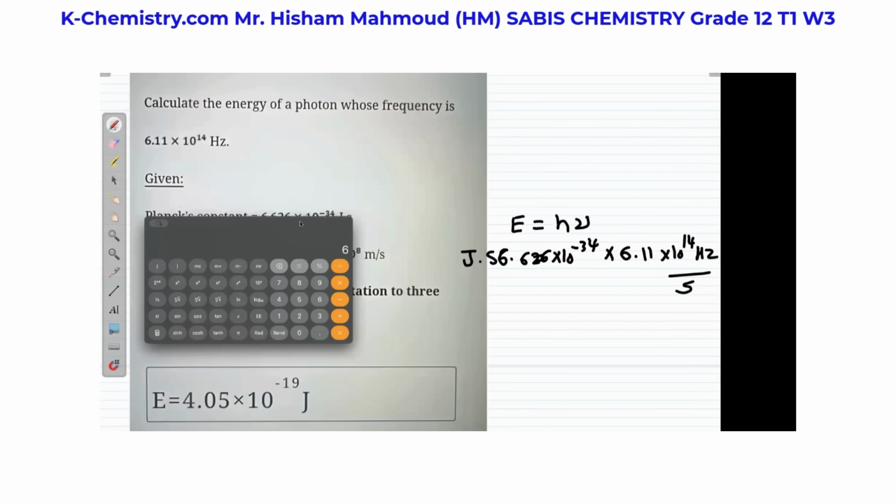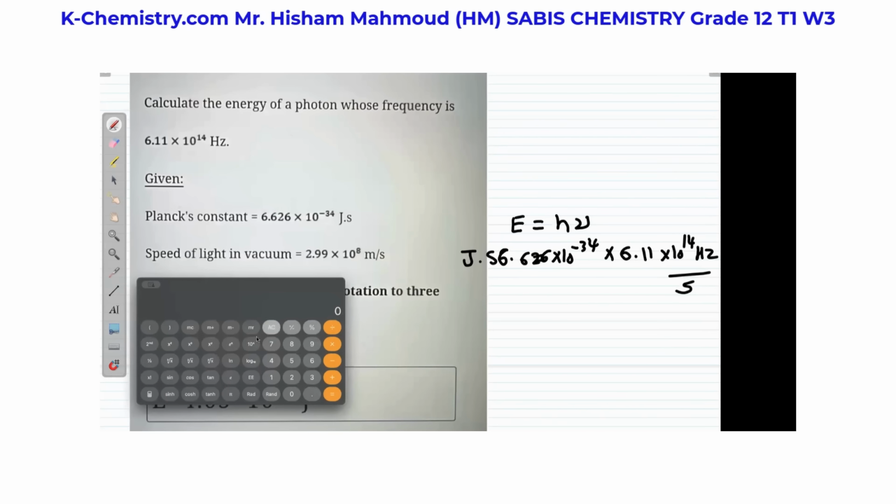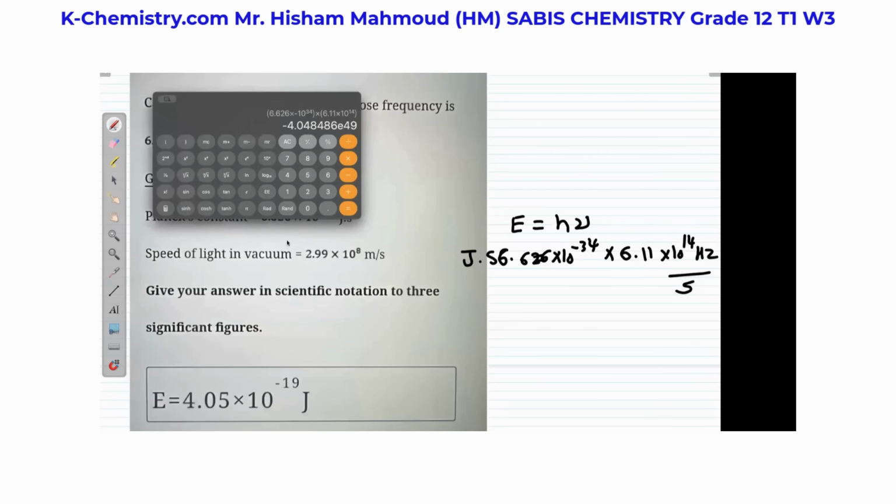Let's make a bracket: 6.626 times 10 to the power of negative 34, close the bracket, multiplied by the other one, 6.11 times 10 to the power 14. So our answer here is 4.04 times 10 to the power of negative 19.